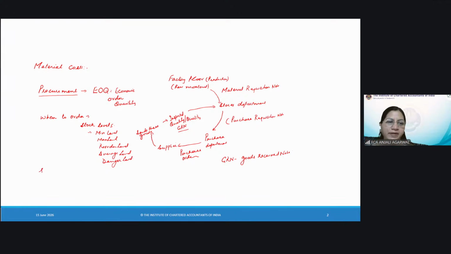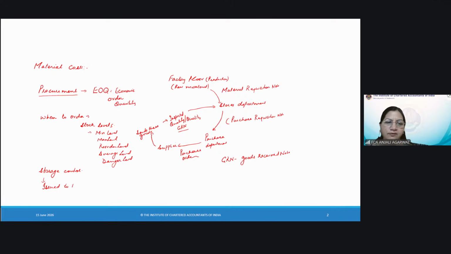So after procurement, the inventory has to be stored. So there has to be storage controls also. So at the time of storage, you have to ensure that they are kept properly. They do not deteriorate or they do not get destroyed. So proper care has to be taken in the stores. And finally, from stores, they have to be issued.